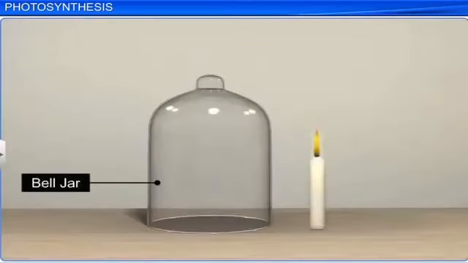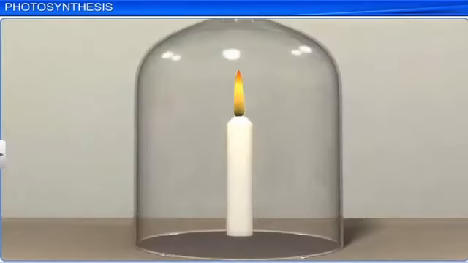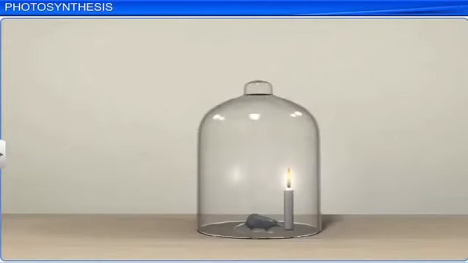He used a bell jar and a candle in his experiment. He lit the candle and covered it with the bell jar. After some time, he observed that the candle got extinguished. He then performed a similar experiment using a mouse and a candle, and observed that after some time, the mouse suffocated to death.